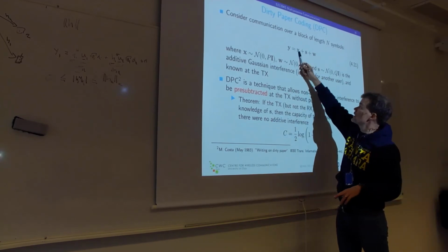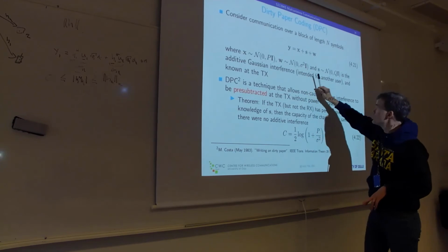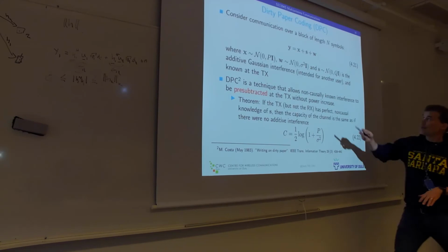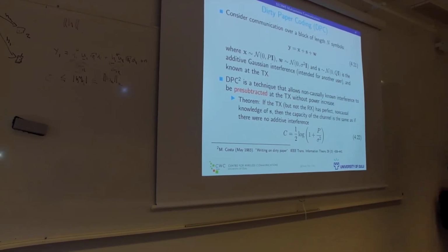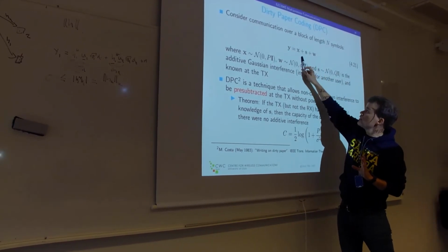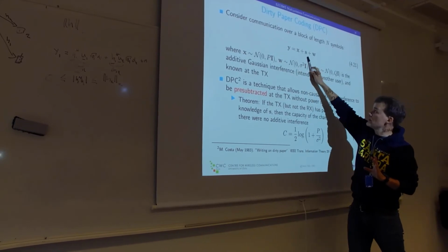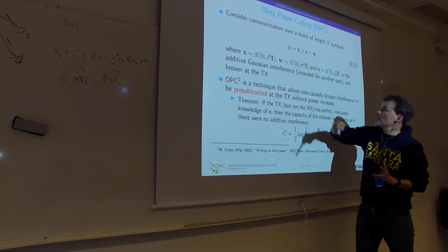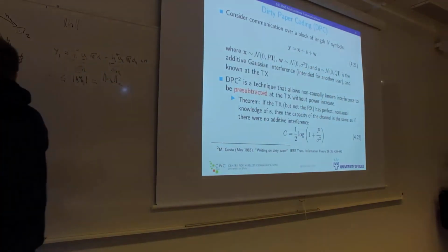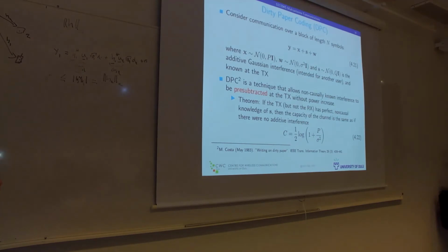The interference is known, generated also from a Gaussian source, and then there is Gaussian noise at the receiver. If you know S at the transmitter, we want to communicate to the user such that it does not see the interference.